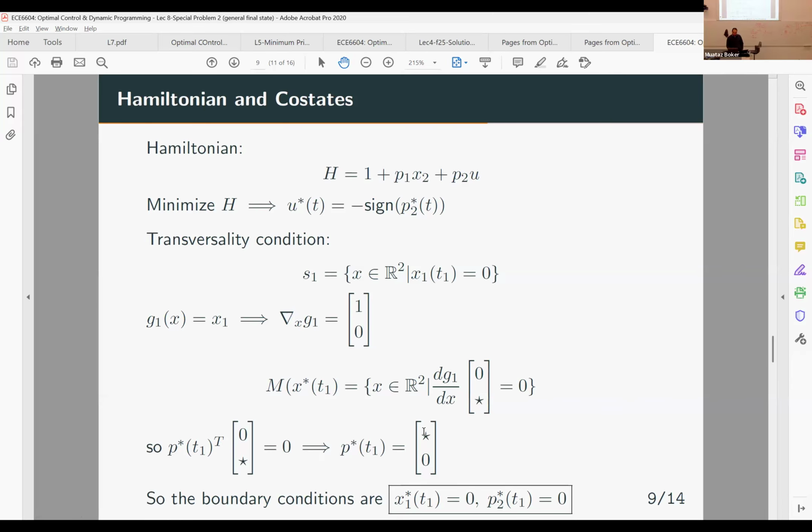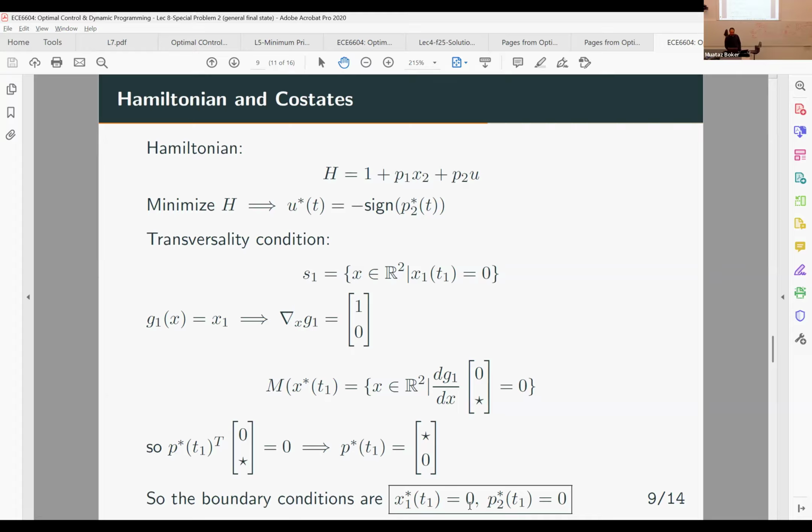I don't care about that something, whatever that is, times 0. Immediately from there, you can see that the condition I'm looking for is P2 at T1 is equal to 0. It has to be 0 in order for the transversality condition to be satisfied. And from there, I find the final boundary conditions.